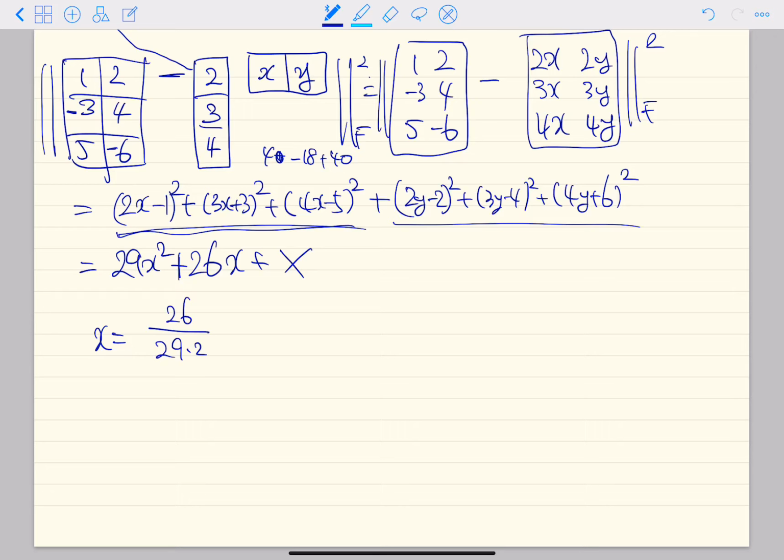Anyway, parabola, right? And then we consider the axis, and that axis and the corresponding x value is our optimal value, right? But in this particular case, this is x, and this is our function to optimize.